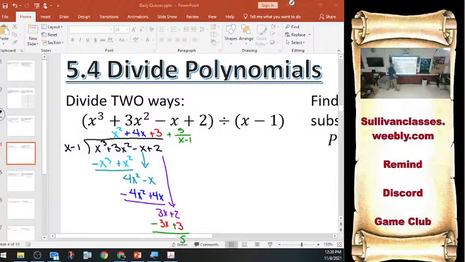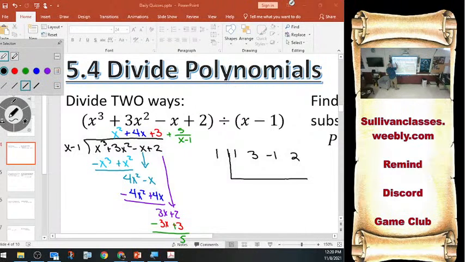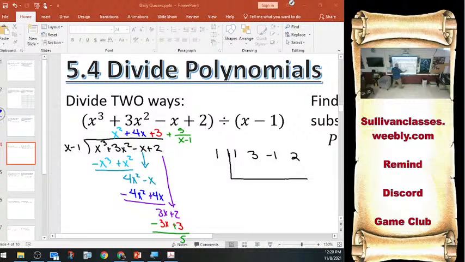The other way I can do it is synthetically, because it is a linear factor. We got all the coefficients, 1, 3, -1, and 2. And we divide by the zero of that linear factor, so positive 1. Drop my first 1 because it's a little warm.